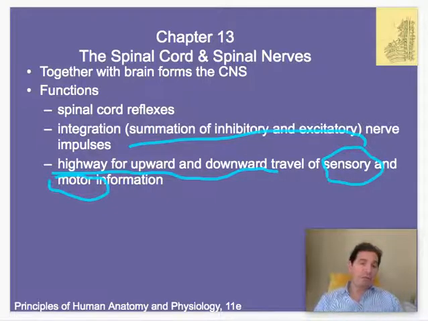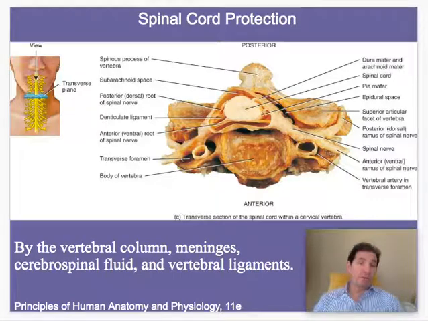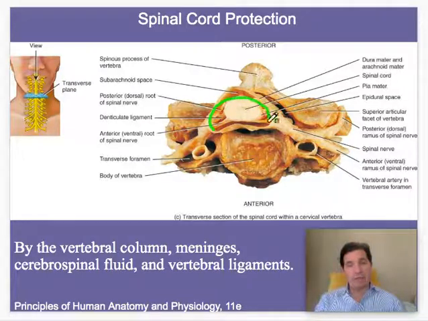So if we were to look at a typical location in the spinal cord, what we would notice is that the spinal cord would have an appearance like this. So this is an actual picture of a spinal cord. When we're looking at it, just like we talked about, it has the meninges, and the meninges are right in this area right here.